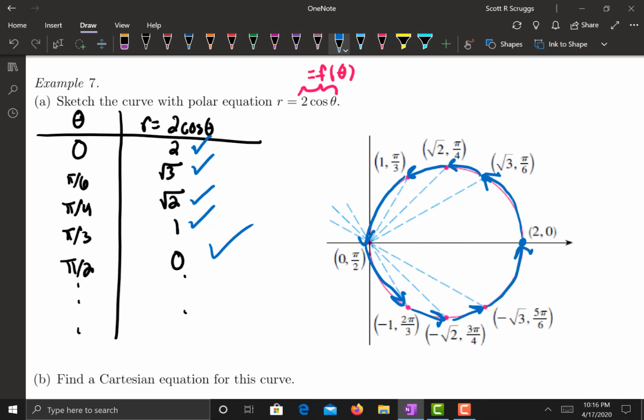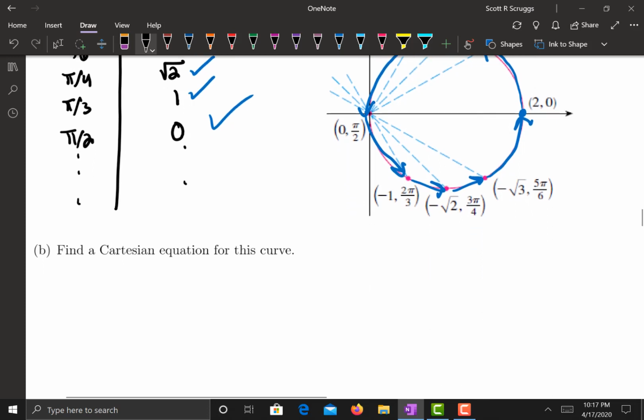So keep in mind that I have a circle versus the graph. So because of that, let's figure out if I can find the Cartesian equation for it. And I'm going to base this off of the parametric stuff that we talked about before.